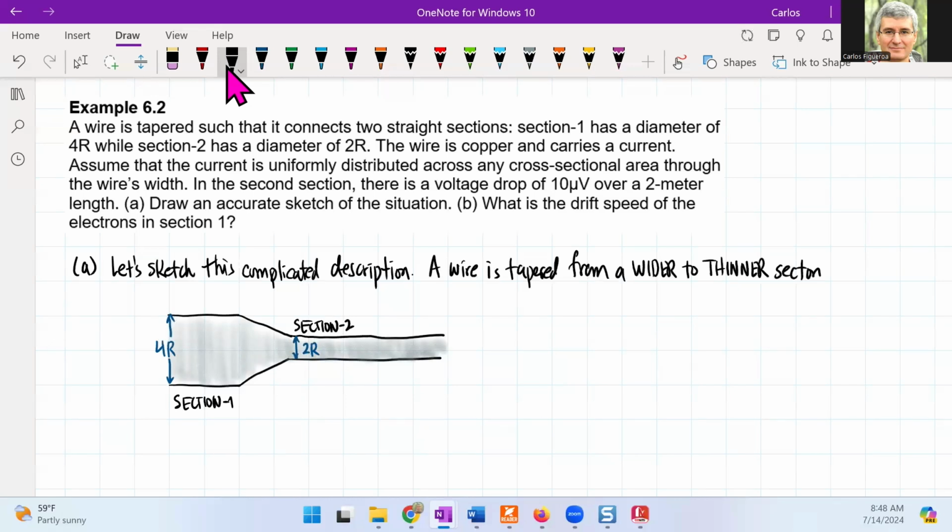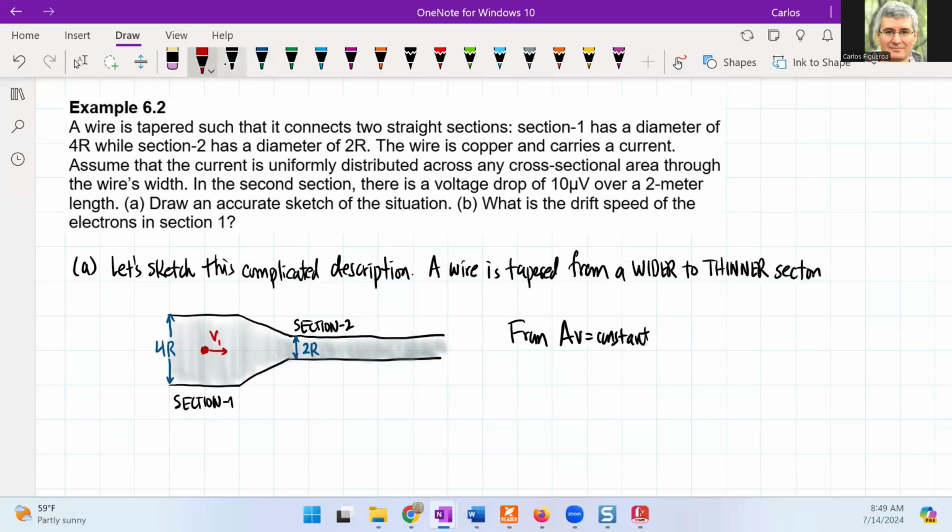Now, because current has to be constant, we know that according to the volume flow rate, maybe I should write that down, from AV equal to a constant, that means if I look at a drift charge right here, this guy's going to have a drift velocity, which I'm going to call V1.